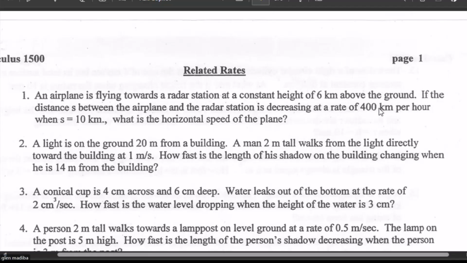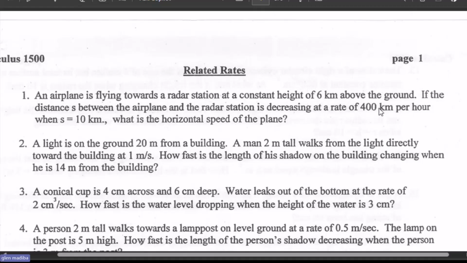Now, they're saying if the distance S between the airplane and the radar station is decreasing at a rate of 400 kilometers per hour, I agree with you that S is the distance. You and I agree on that one, and I'm not changing it.